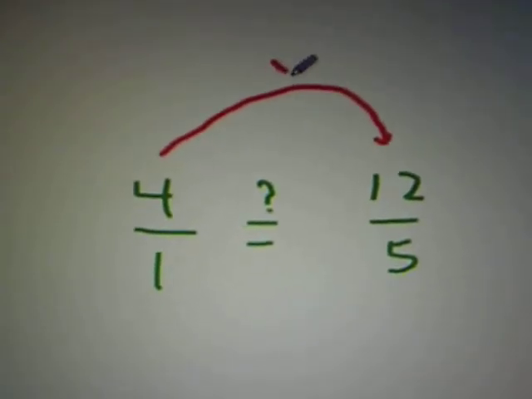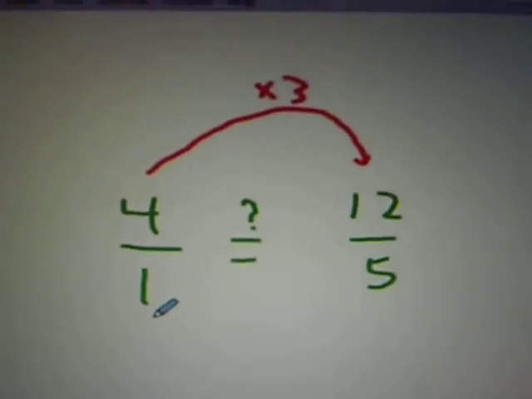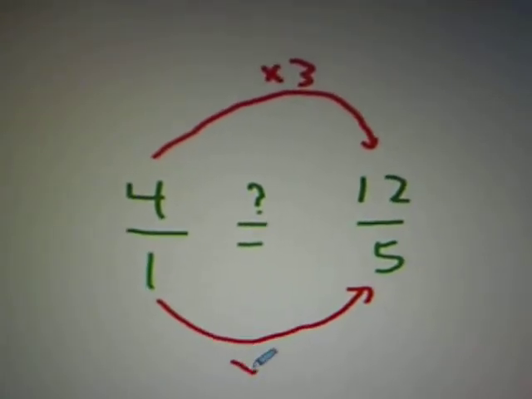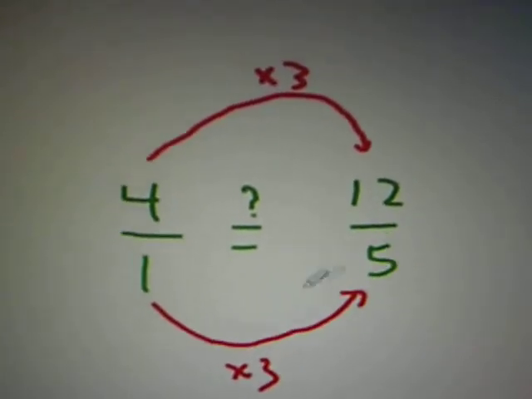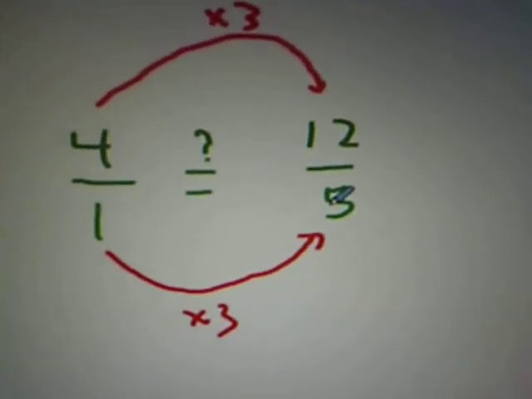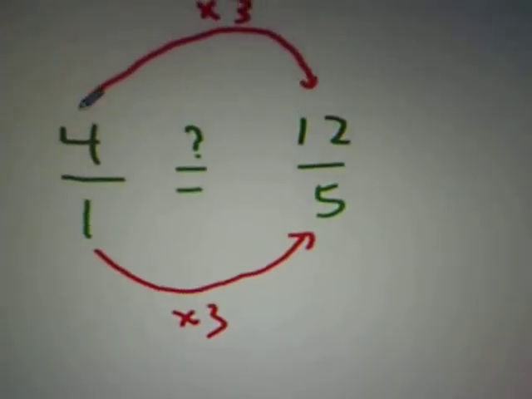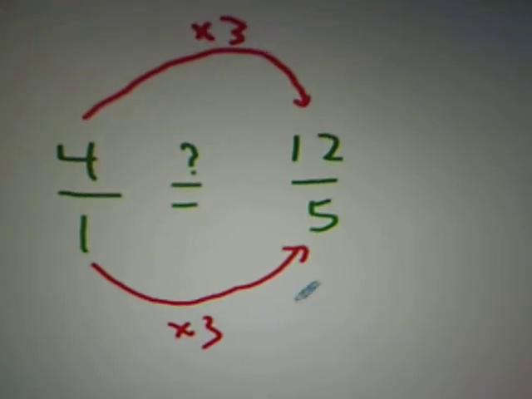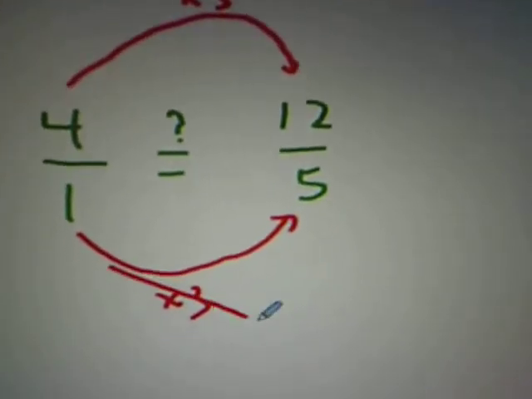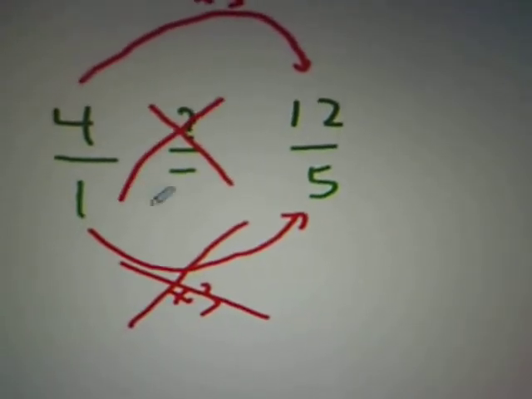Well, I know that 4 times 3 gives me 12. So in order for these to be equal ratios, this times 3 must give you 5. If I take 1 times 3, does it give me 5? No, it does not. 1 times 3 is 3. So this relationship did not work out. 4 times 3 gave me 12, but 1 times 3 did not give me 5. So these are not equal ratios.